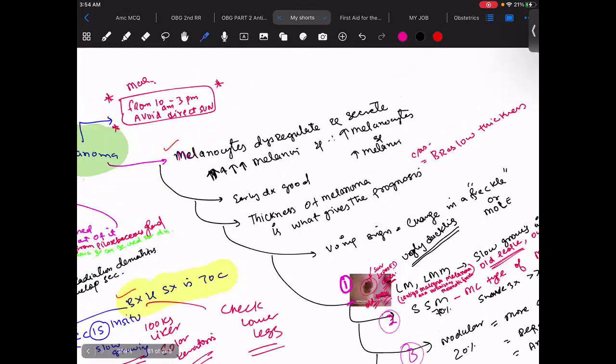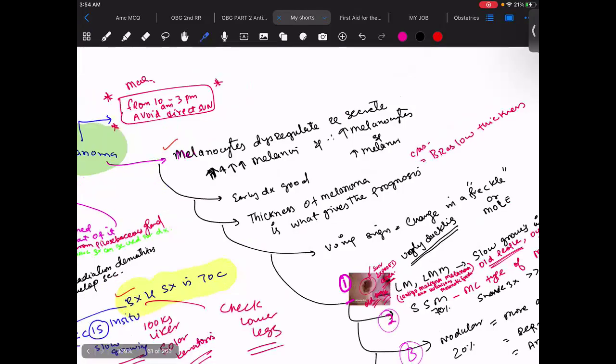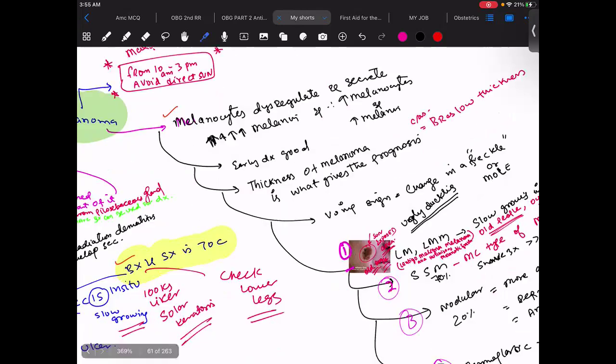But it itself can result in a cancer if there is unregulated division of the melanocytes, that results in the increased level of melanin deposition on the skin, and that is what we call melanoma. Okay, melanocytes dysregulate and secrete increased melanin, resulting in the melanoma. Okay, the earlier you diagnose it, that is good for the patient. And remember that this is your question for the exam.